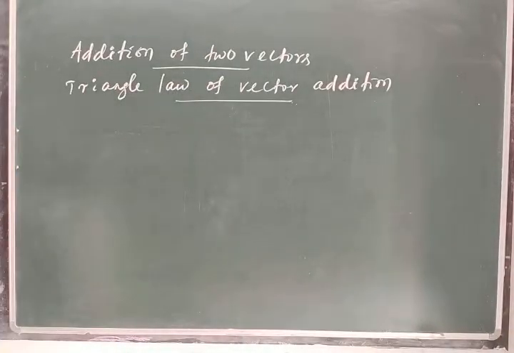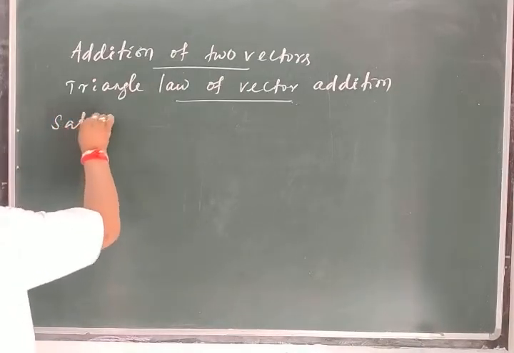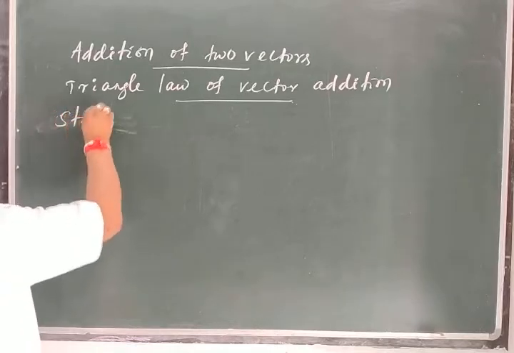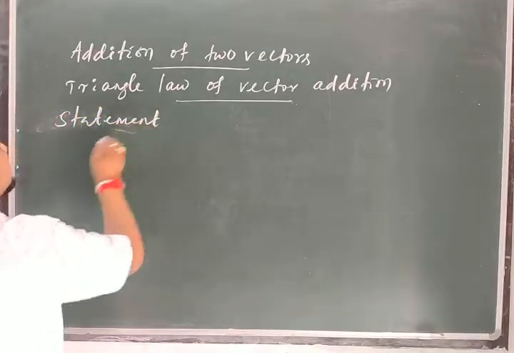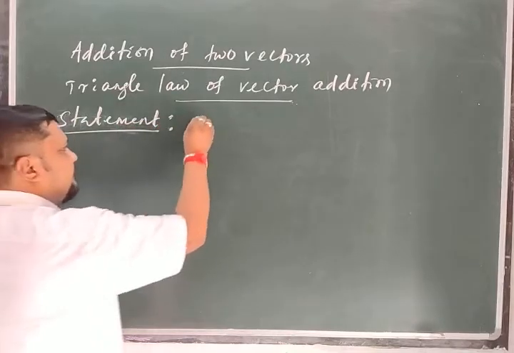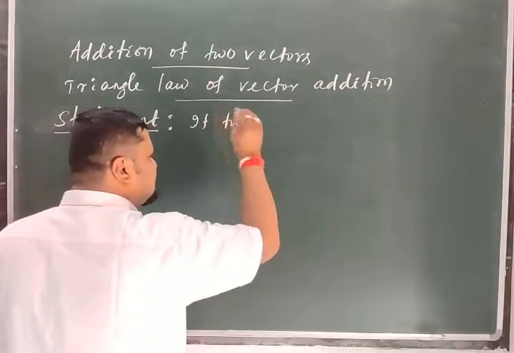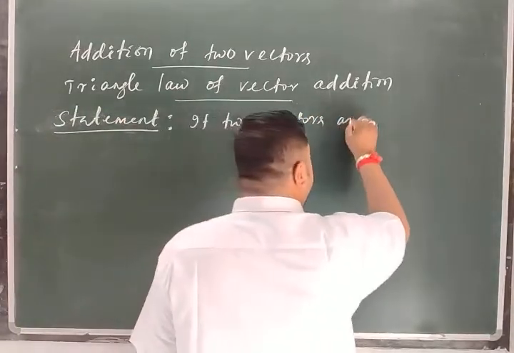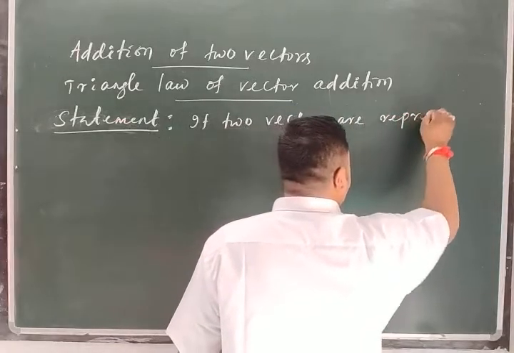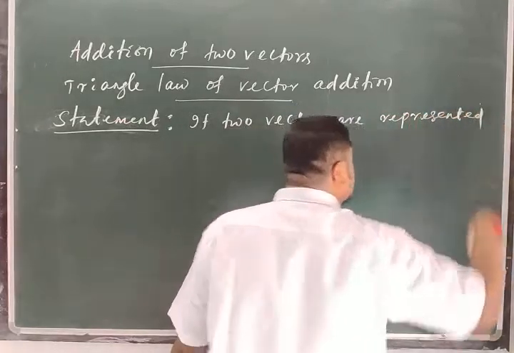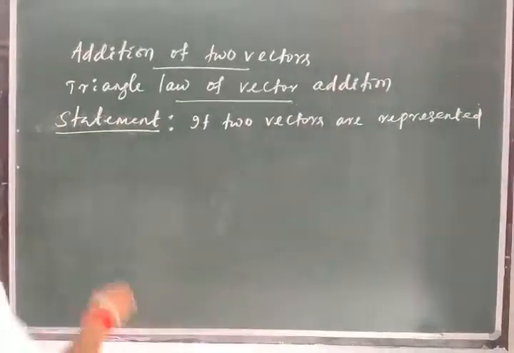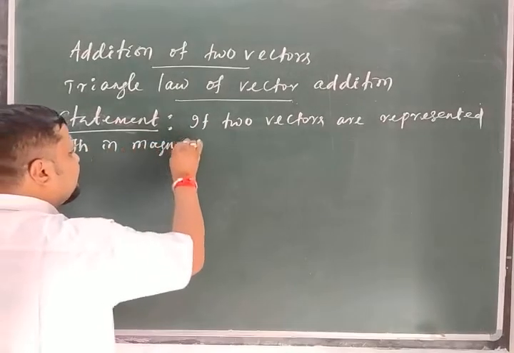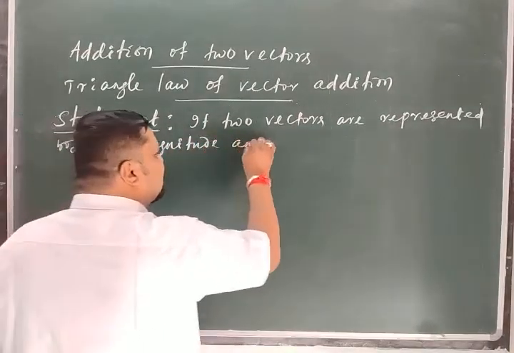What does the statement say? The statement of this law is: if two vectors are represented both in magnitude and direction.